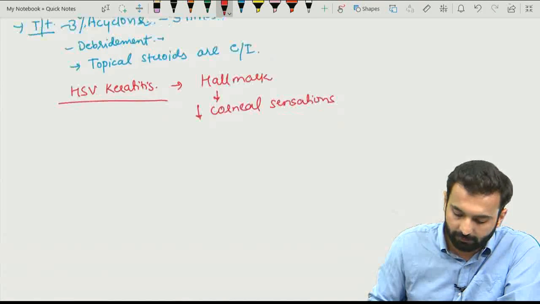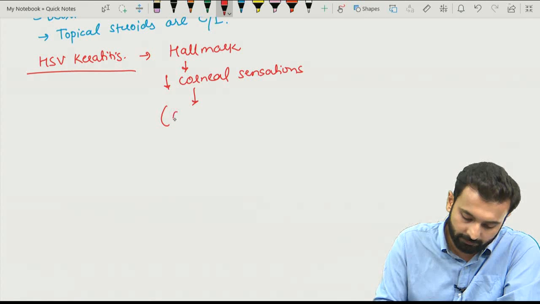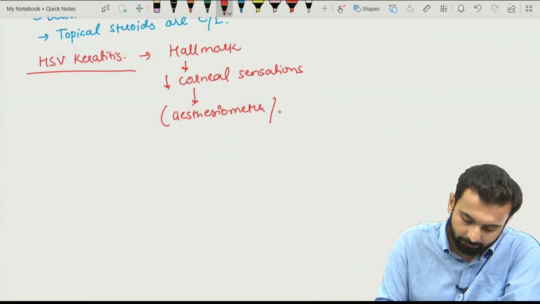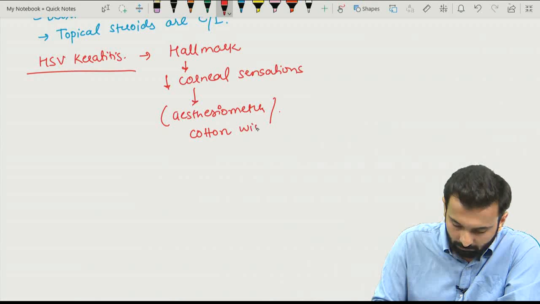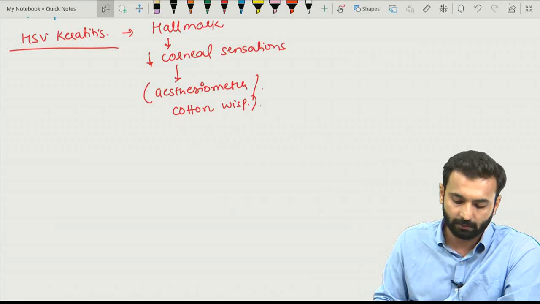How do you check corneal sensations? You check the sensations with the help of an esthesiometer, or with the help of a cotton wisp. A cotton wisp can also be used for checking corneal sensations, right?